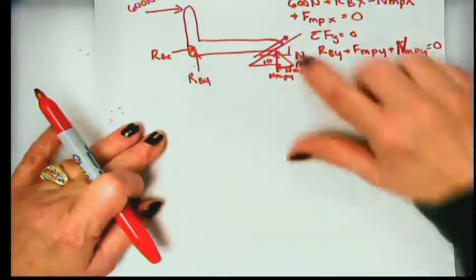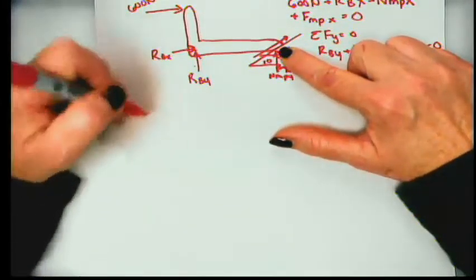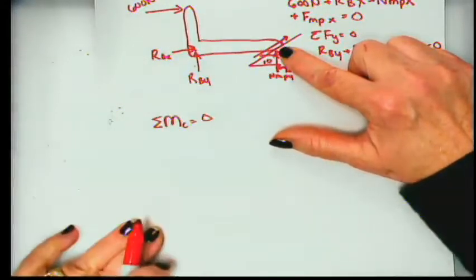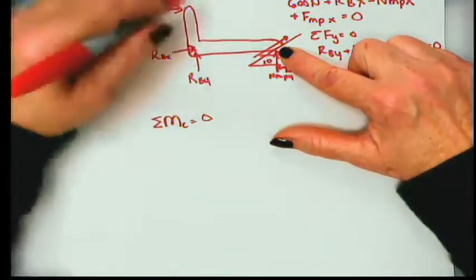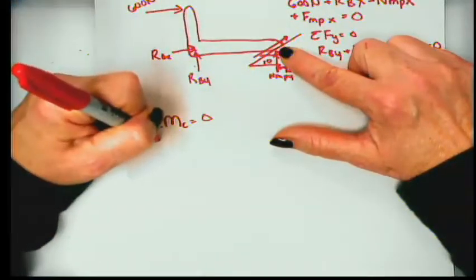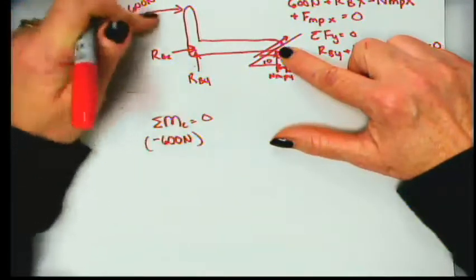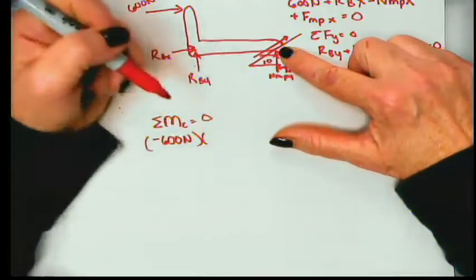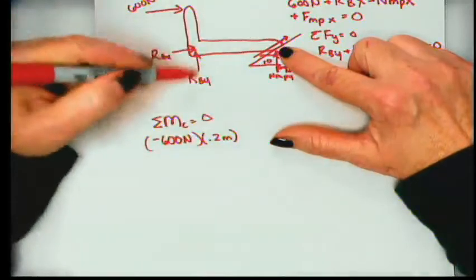Okay, so we're going to take the summation of moments about point C, set them equal to 0. So we have the 600 Newton force is going to spin it clockwise, which is negative. And since that's a horizontal force, we need the vertical distance, which is 200 millimeters, or I would just say 0.2 meters.